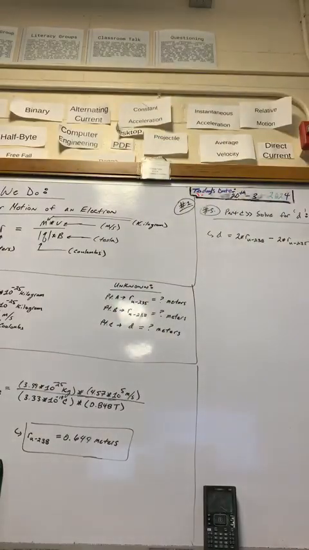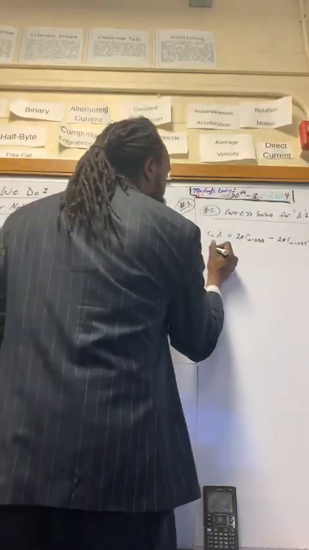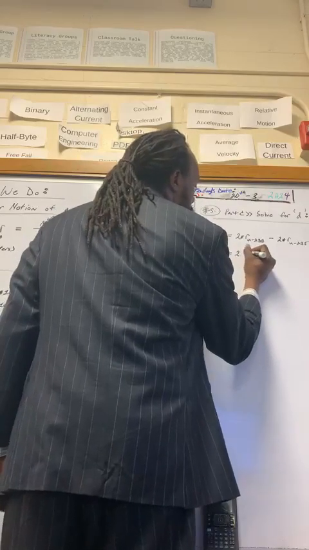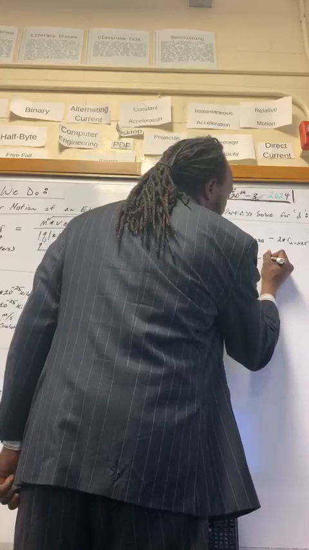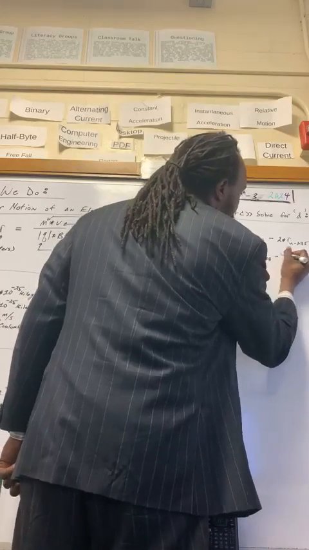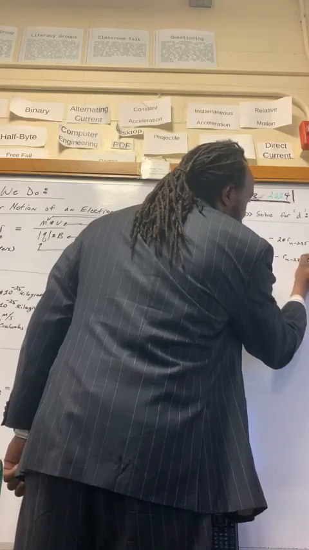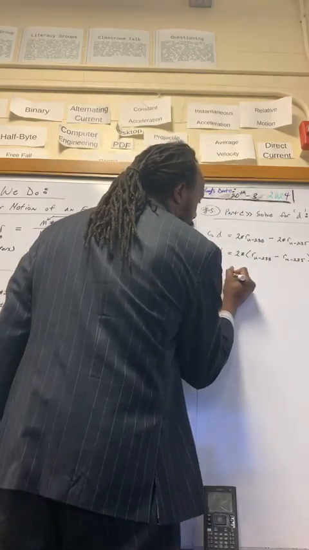All right, let me do a quick reference. So you have to factor it out now. You've got to show all the steps. Pull out the 2. It's going to be multiplied by parentheses, radius of uranium-238 minus the radius of uranium-235, close parentheses. Now you plug in the numbers.